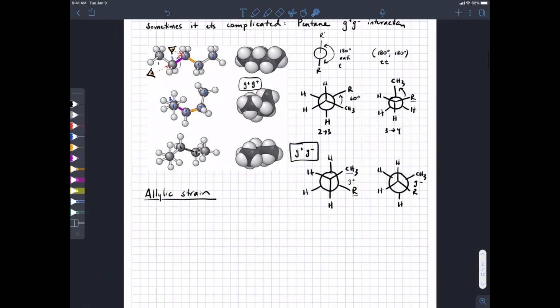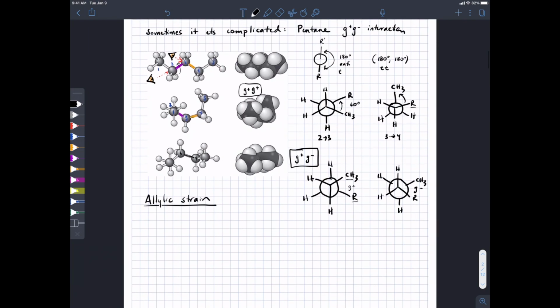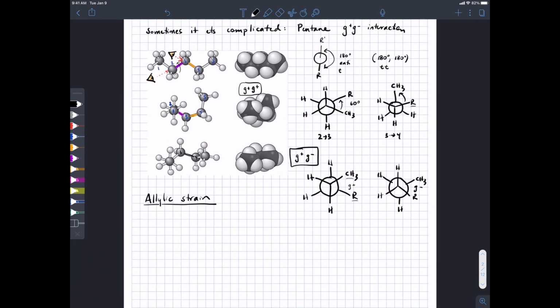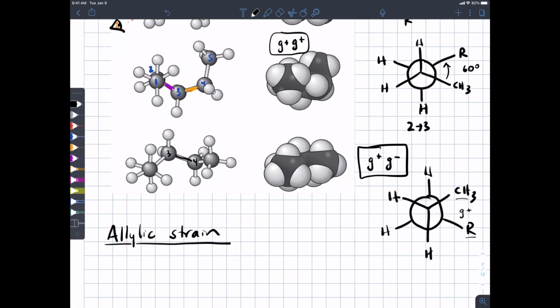Now, this actually gives us a chance to talk a little bit about a concept called preorganization, because if you look at that gauche plus gauche minus conformation, notice those methyl groups, carbon 1 and 5, are on the same side of the molecule as each other.